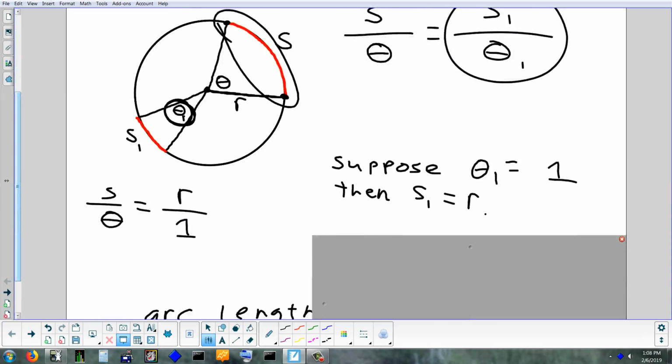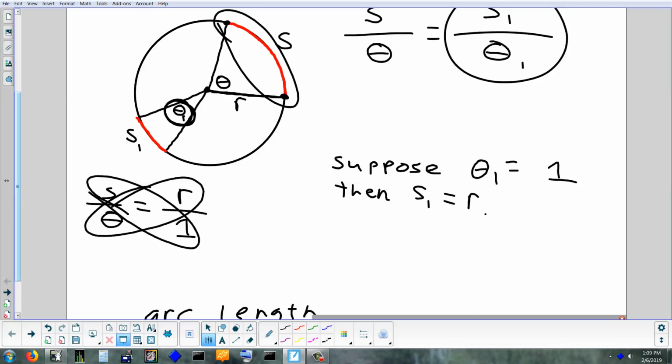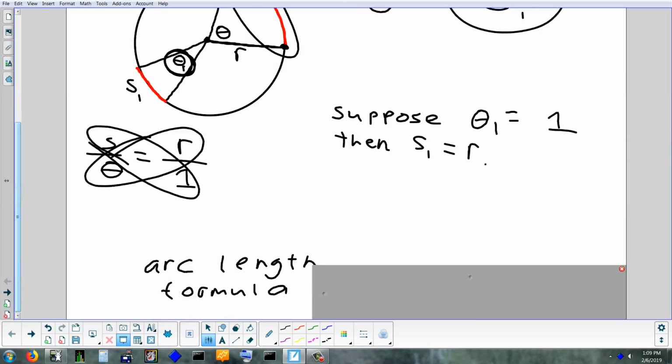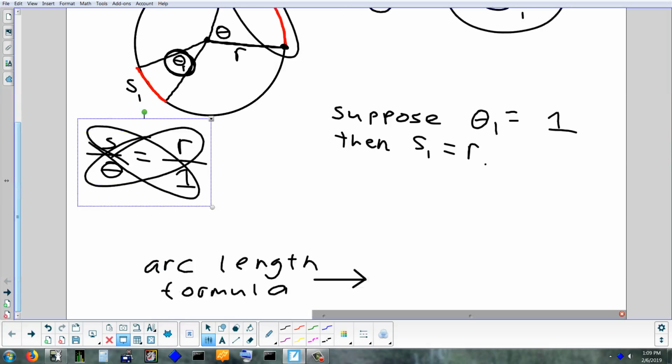What do you do in a proportion to solve it? Shay? Yeah, you just cross multiply. So we've got S times 1 equals R times theta. How about Lillian? S times 1 is how much?